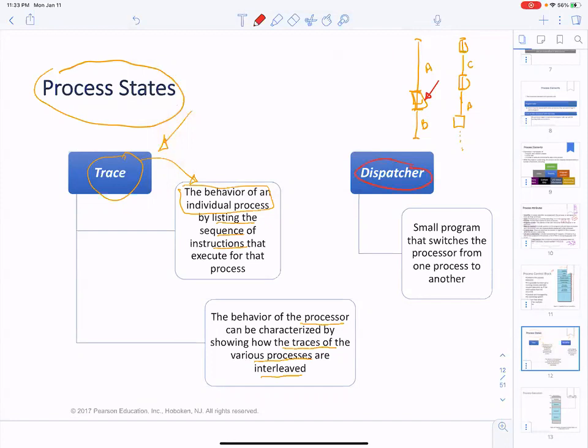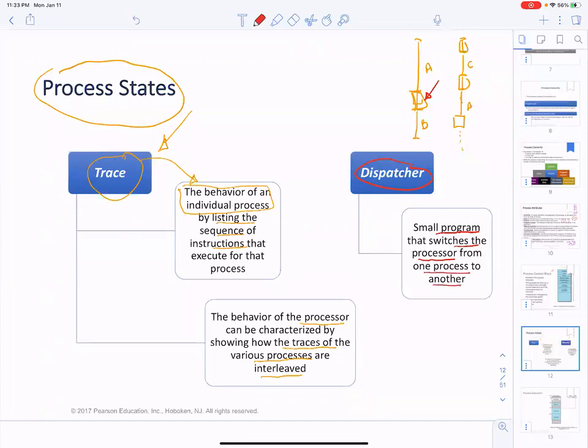So this piece is the dispatcher, which is just a small program responsible for switching between processes. That means the dispatcher is directly connected to the processor because it gives directions to the processor about which process it would need to execute.